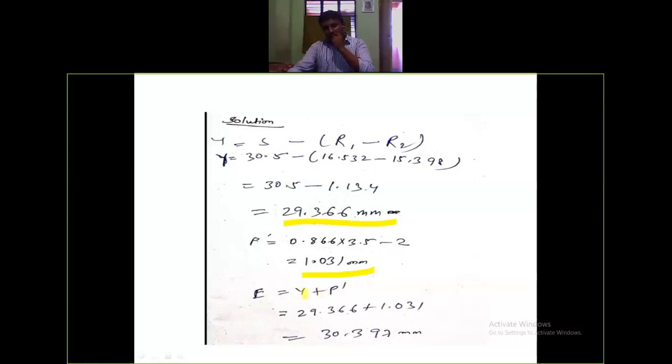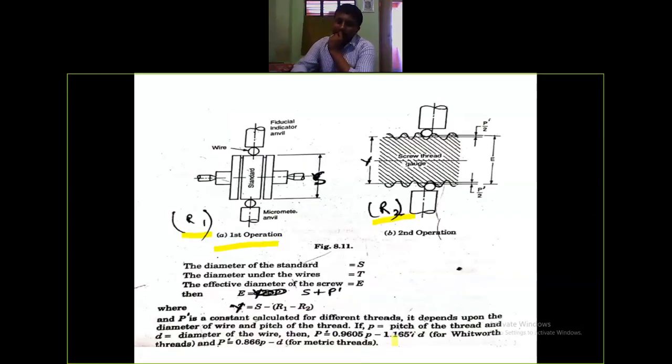So E is equal to Y plus P dash. Just put the value of Y, 29.366 millimeter, and P dash, 1.031 millimeter. You will get the value 30.397 millimeter. Here is a small correction you have to make.